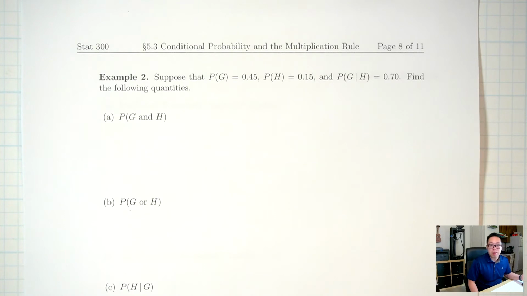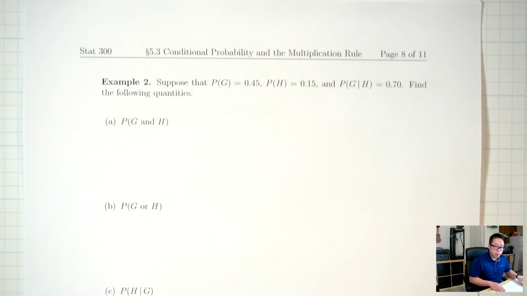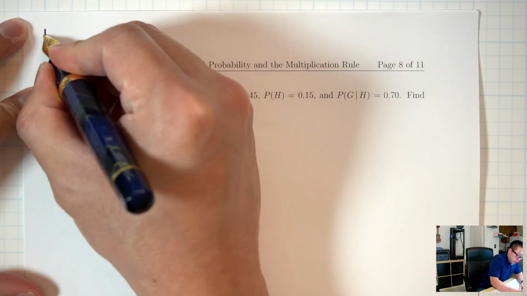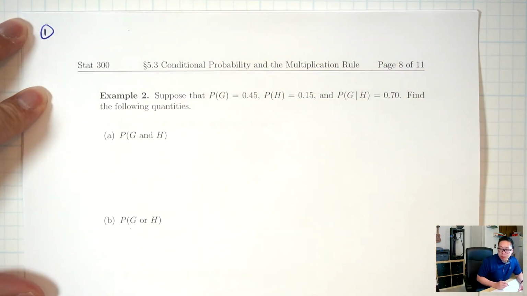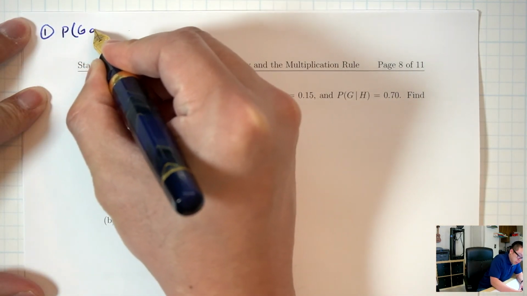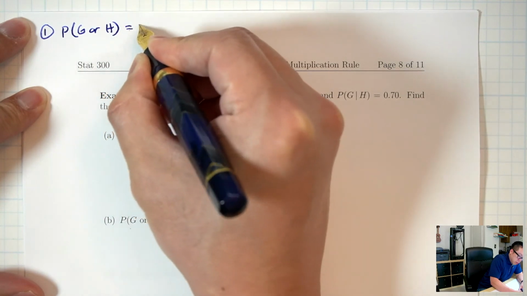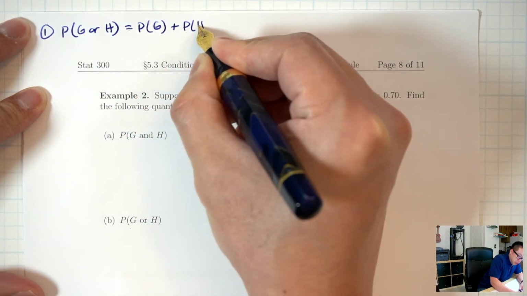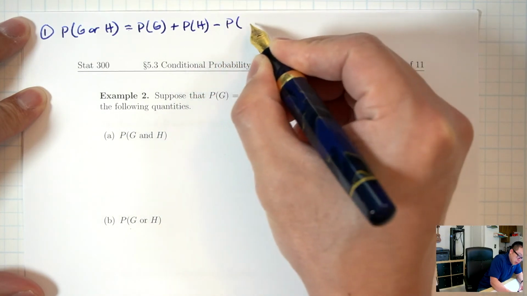So I'm going to rewrite the formulas using G and H. So the first one is the addition rule. So I'm just going to replace A with G and B with H. So this is going to say probability of G or H equals probability of G plus probability of H minus the probability of G and H.